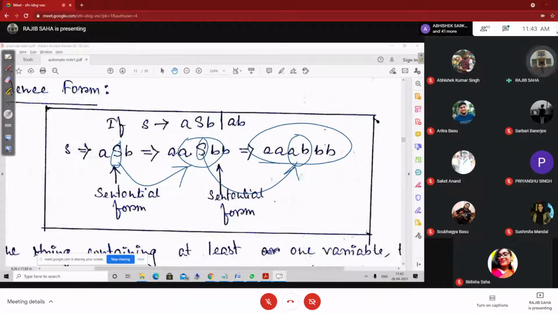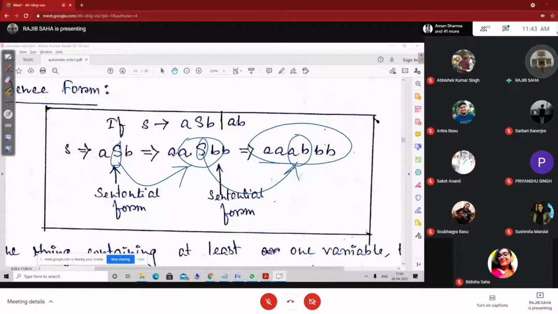And the process through which we get from the starting symbol to the sentence, this entire process is called derivation. I think you know this term from earlier. So up to this much, we have been given a grammar, and from the grammar we have derived a sentence, and the process is called the derivation process.